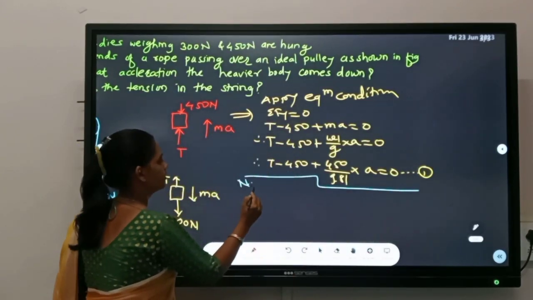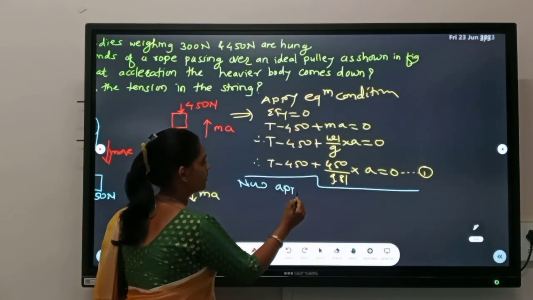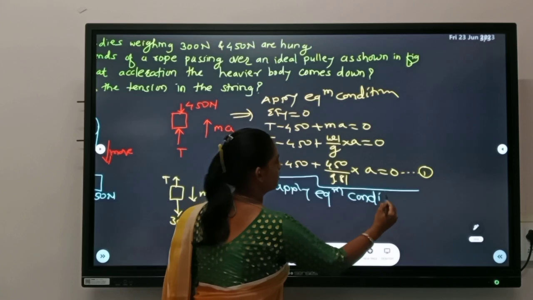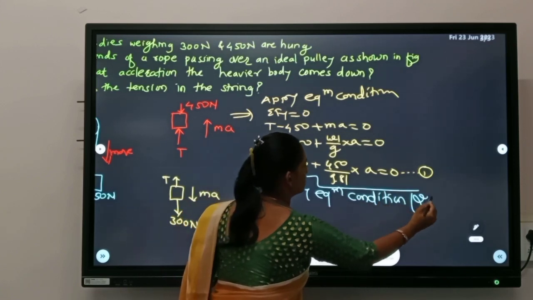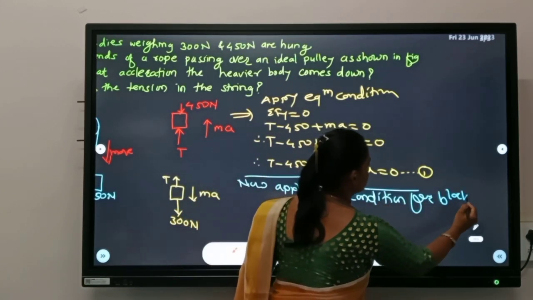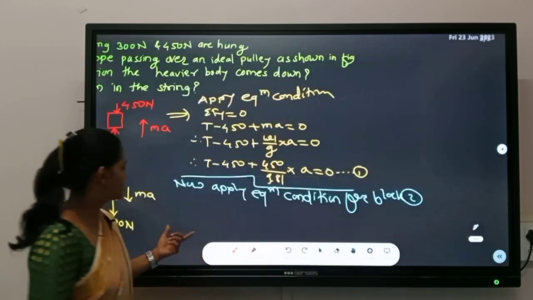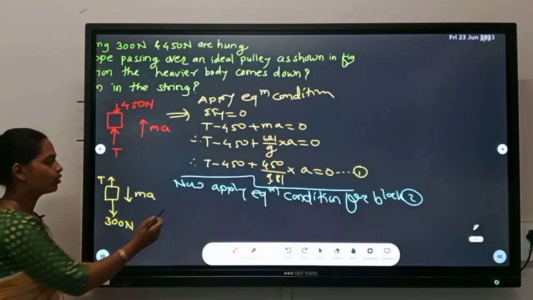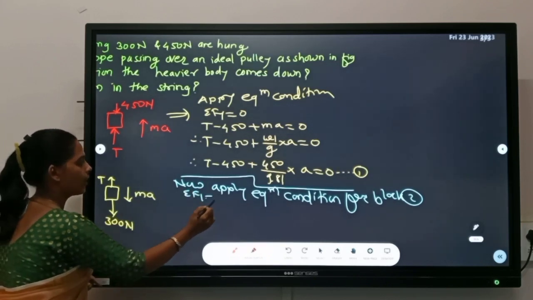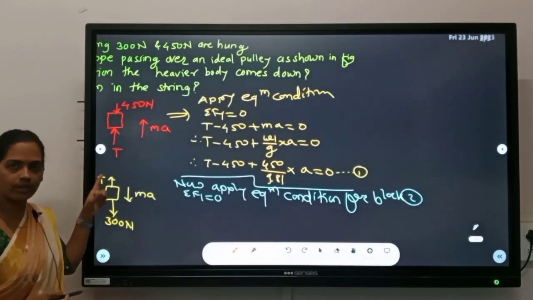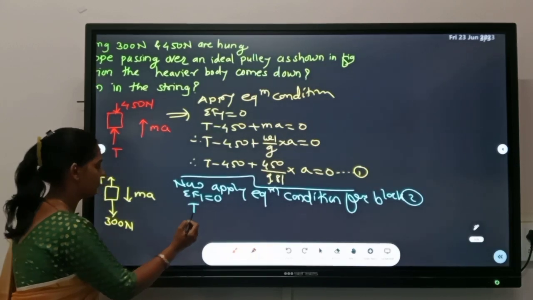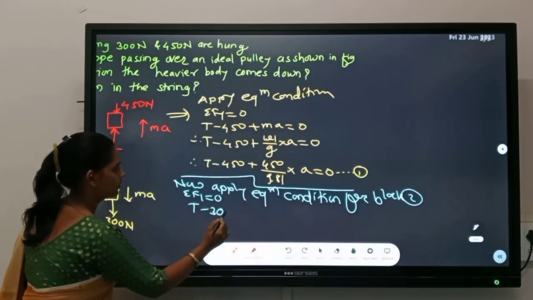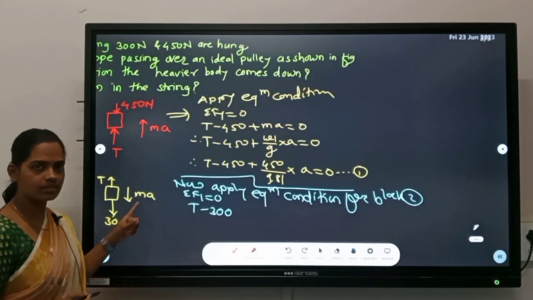Now apply the equilibrium condition for block 2. Okay, this is our FBD for block 2. So summation Fy is equal to 0. Since T is going upward, consider it as plus. 300 is going downward, minus, and the inertia force is coming downward.